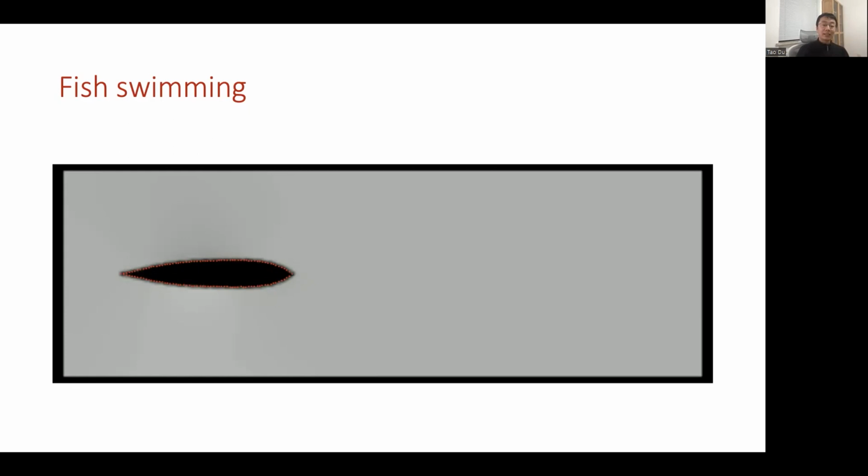So we are actually able to simulate this complicated scene using something like a commercial physics simulator, but it will be too slow for our robotics researchers to do fast design iteration.